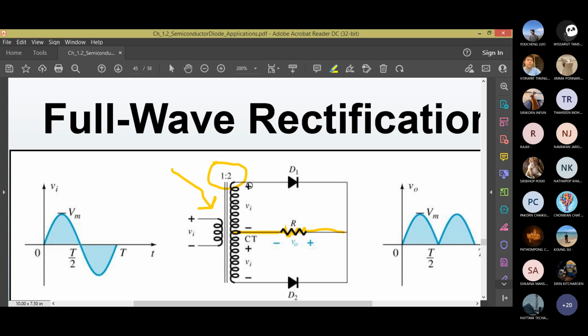Positive half cycle with the diode's anode positive. D1 is on. What about D2? Will it be turned on? No, because it's negative at the anode, off, open switch. In the positive half cycle, only this loop is active, and the output from the positive half cycle is the first peak.